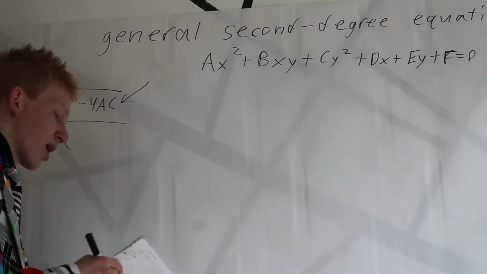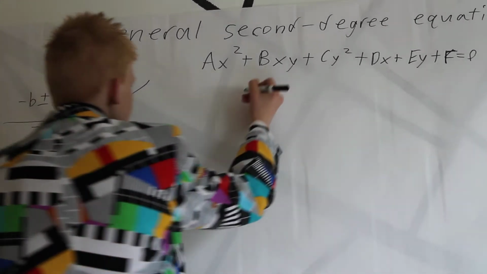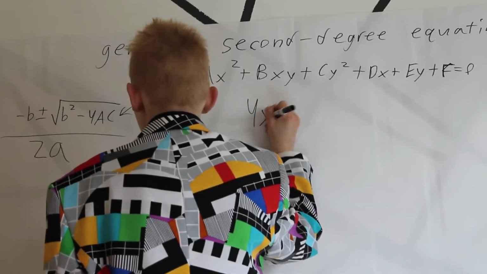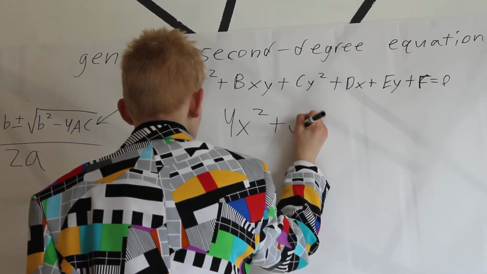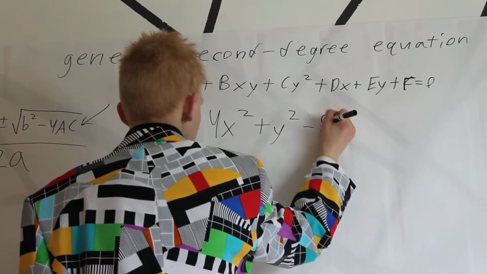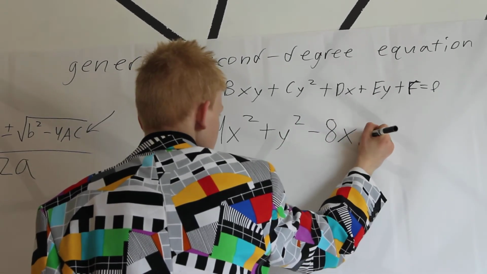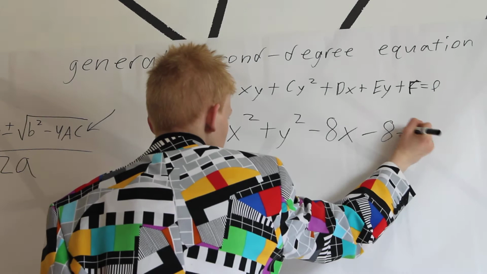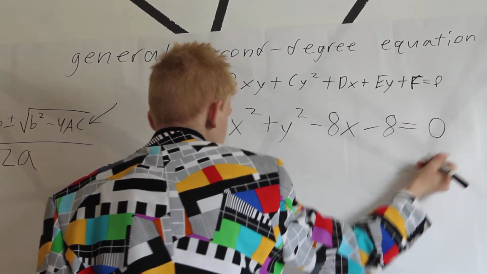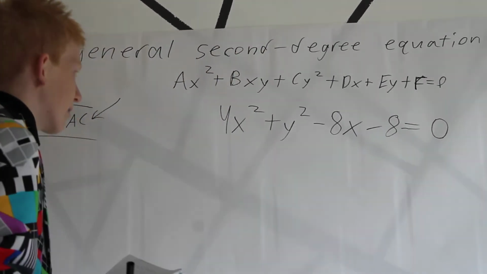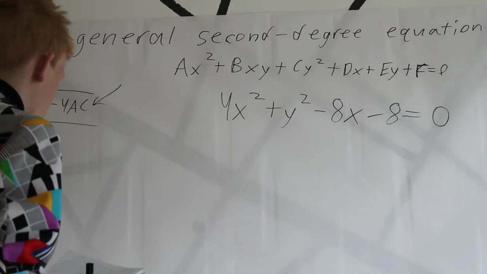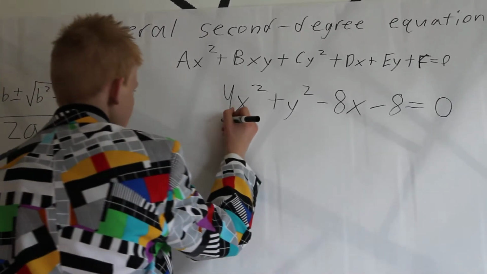So our practice problem for this one is going to be 4x squared plus y squared minus 8x minus 8 equals 0. So the first thing we're going to look at is we're going to find our different points. We need to find a, b, and c.